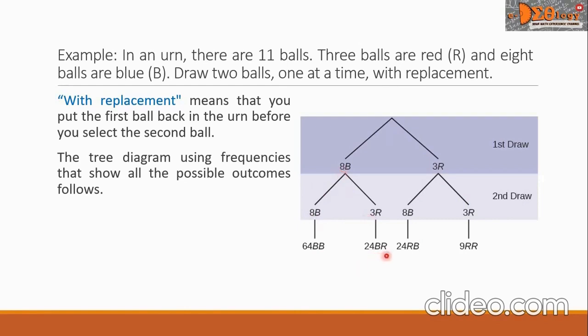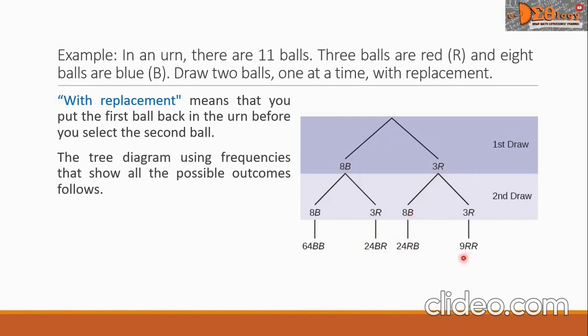And this BR means the first draw is a blue ball and the R is red ball. Here we have 24 RB. The 24 comes from the product of 8 and 3. And this RB means the first draw is a red ball and the second draw is a blue ball.